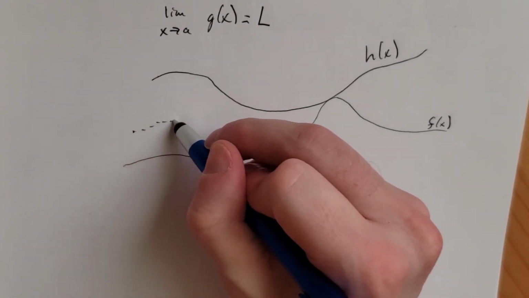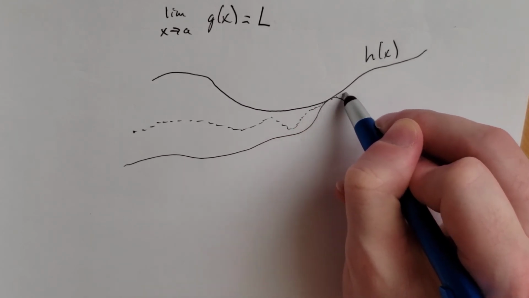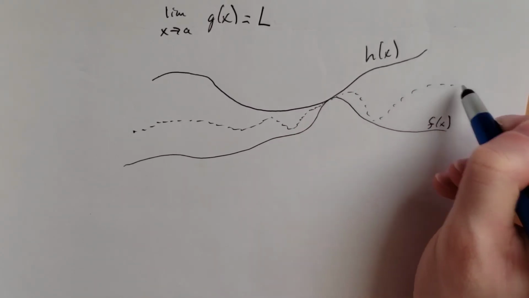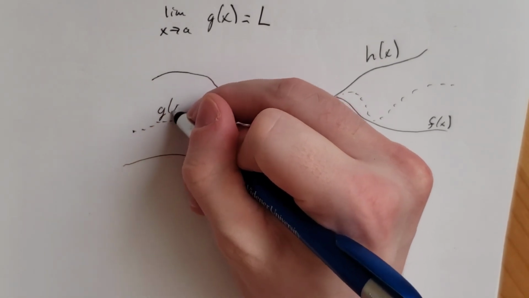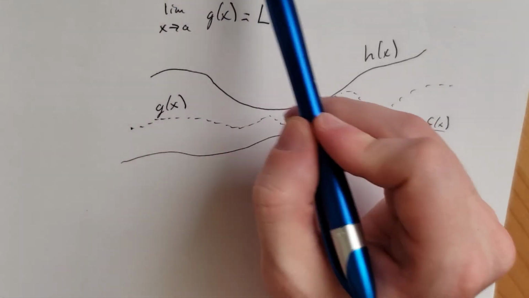And we have some function g of x that ranges in between these two everywhere. Okay, so this picture satisfies what we have up here.